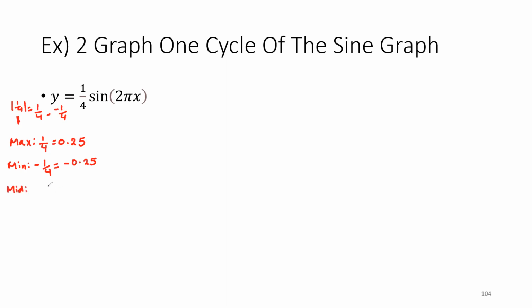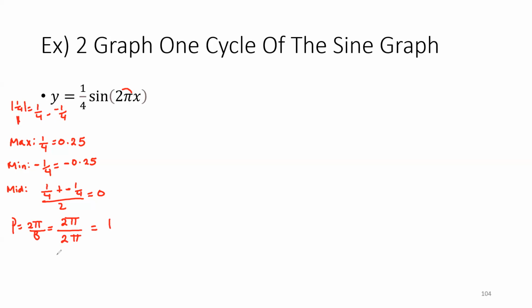Your midway is the average. So that's 1/4 plus -1/4 over 2, so that's 0. Okay, and then what else do we need? We need to find the period, which is 2 pi over b. That's 2 pi, and then my b value is the number in front of x. So the number in front of x is 2 pi.